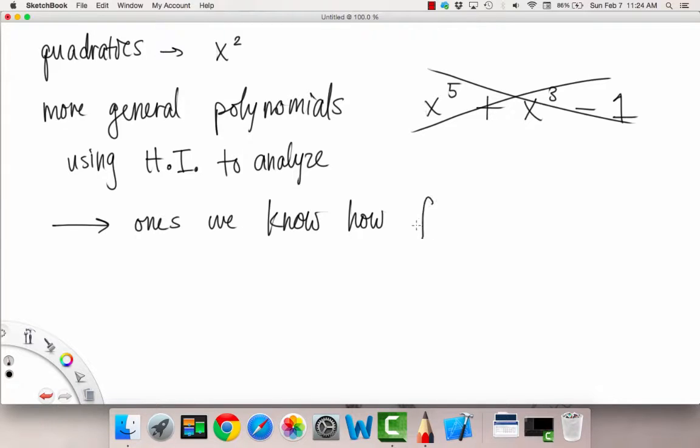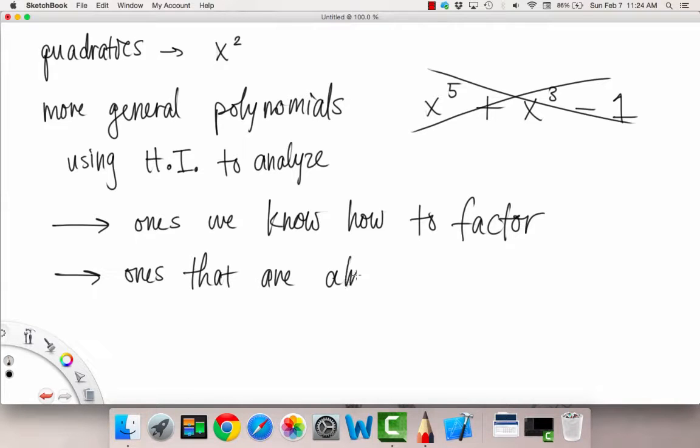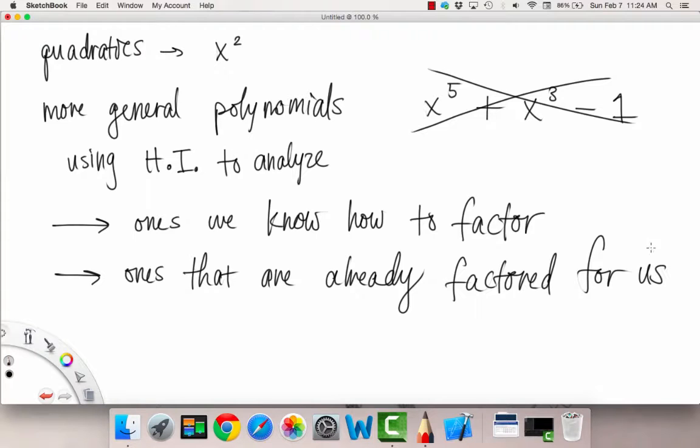So ones we know how to factor on our own, or ones that are already factored for us, just to make it easier on ourselves.